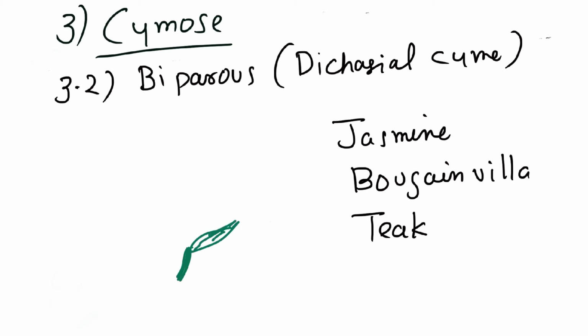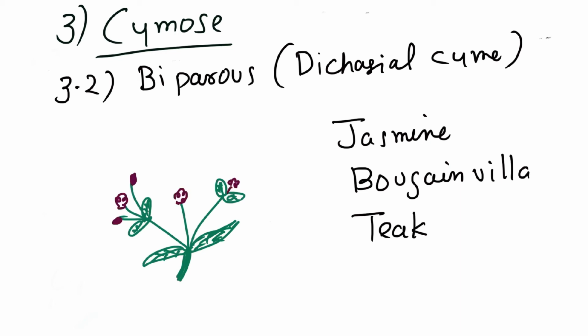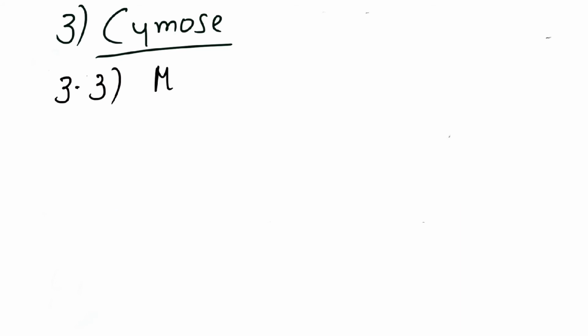In the diagram which is now being shown, I can see the main stem developing into a flower, with that alignment continuing with the main stem, and you have lateral branches coming out, usually two lateral branches. That's why it's called biparous or dichasial cyme. Important examples are jasmine, bougainvillea, and the inflorescence of the teak tree.